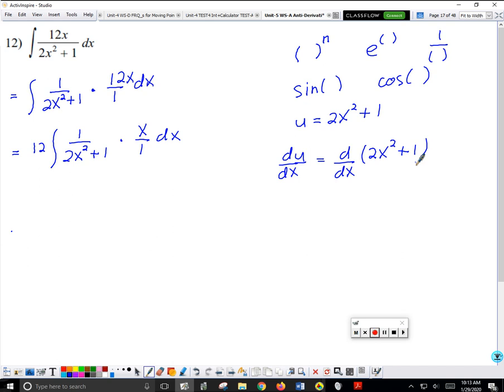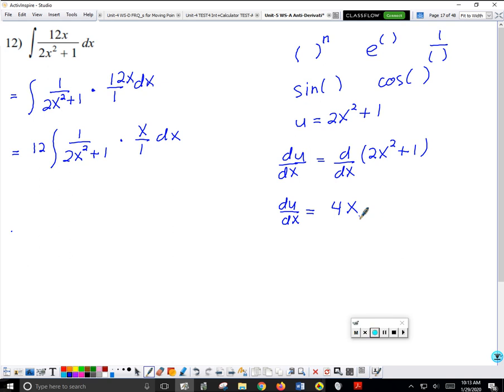Question? Just keep going. This side's just du dx. This side's 4x. Okay, here's where you check to see if U substitution is going to work.